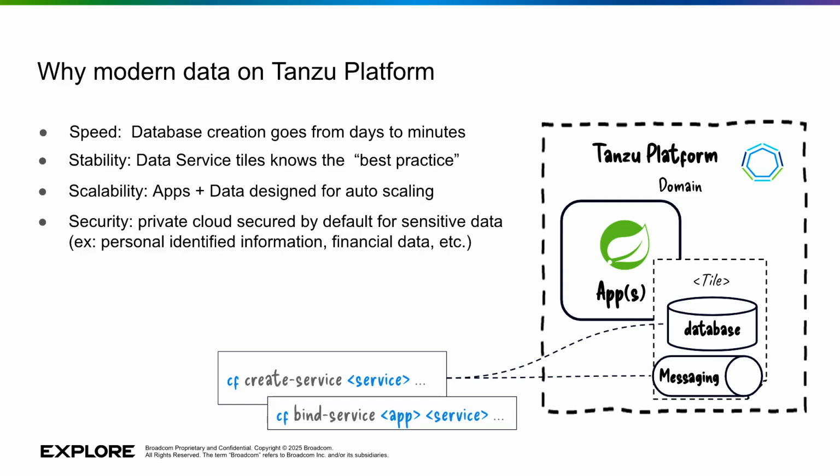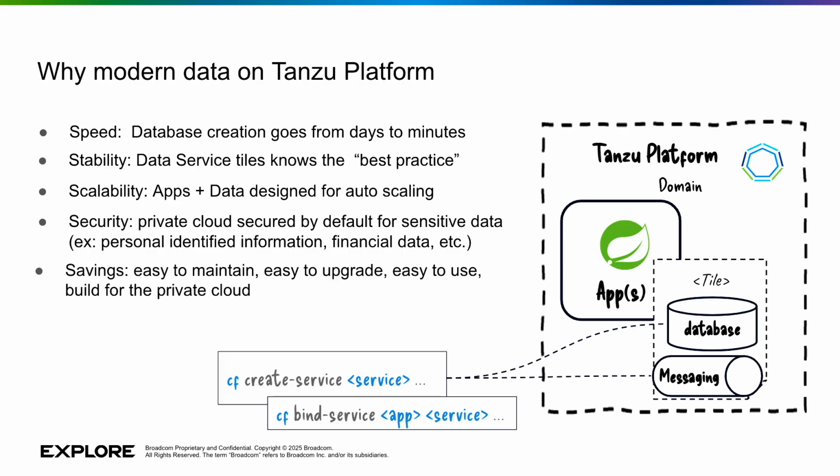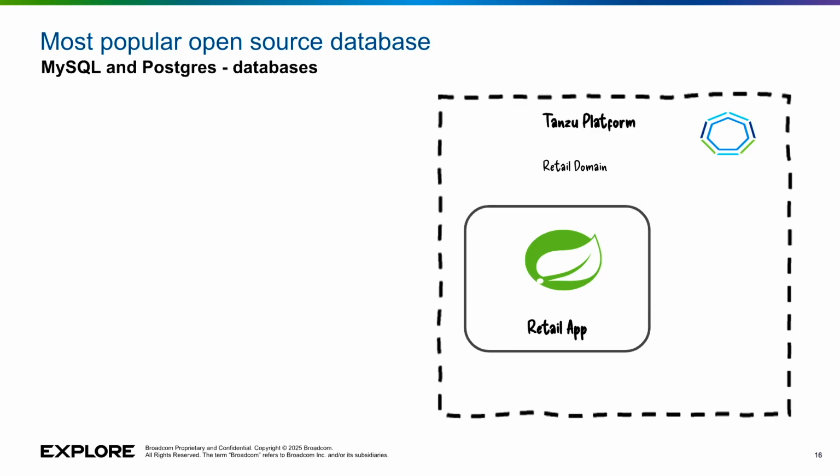And you could just bind a service to the app, and the platform will just give the app the credentials at runtime. And ultimately, all of these things just saves you time and ultimately money, right? So it makes it easy to not only create, but maintain them, upgrade them anywhere.